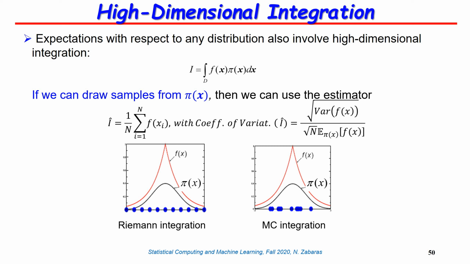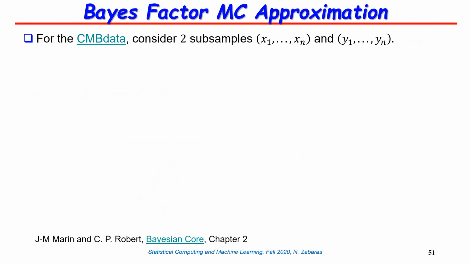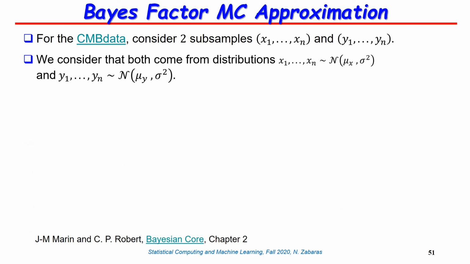Okay, let me finish with two examples. It has been a long lecture, but hopefully you will find this useful. I am going to use an example coming from the Bayesian Core textbook on computing the Bayes factor. Let's say that we have two data sets, x1 to xn, coming from the distribution that you see here, and another data set y1 to yn coming from another distribution.